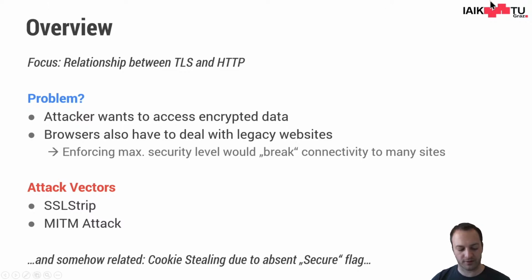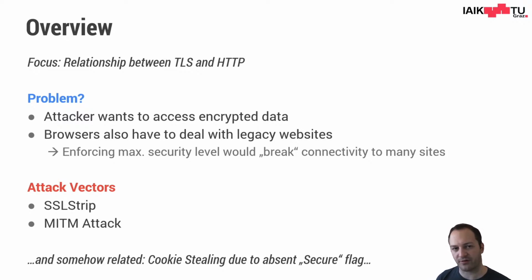So back to the attack vectors in the browser. Essentially, over time, there have evolved two most prominent attack vectors, how attackers might try to break into or snoop into your TLS connections. The first is SSL strip, and the second one is a classic man-in-the-middle attack.